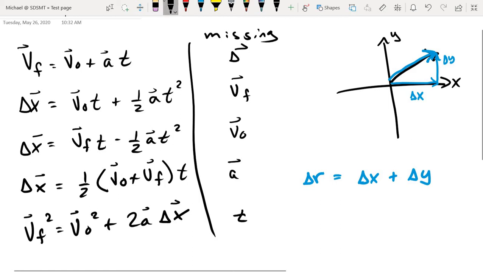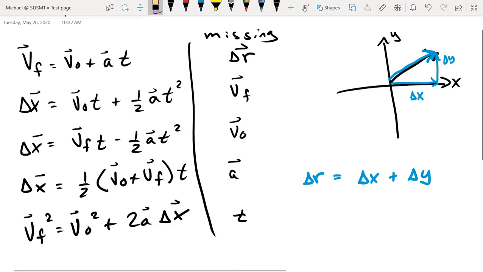And so that's the update that we're going to make here. Delta r is going to stand in for the displacement in our kinematic expressions. Delta r could be a one-dimensional vector, it could be 2D, it could be 3D. It all depends on how many components we're going to have in our system.